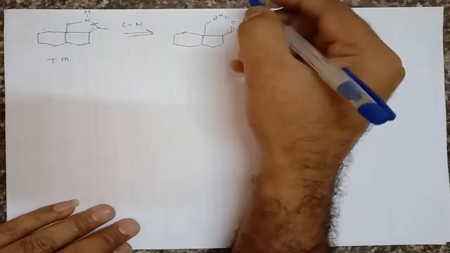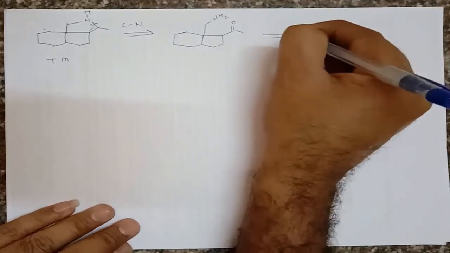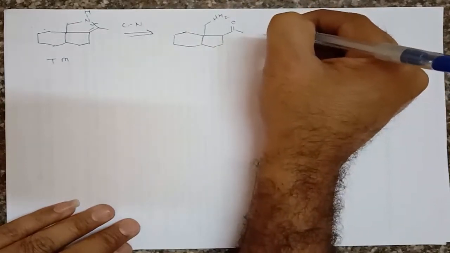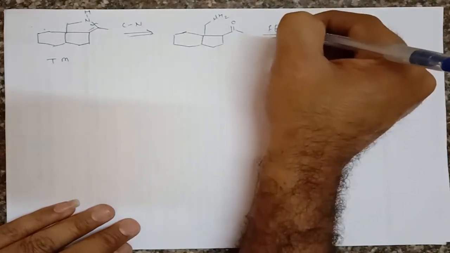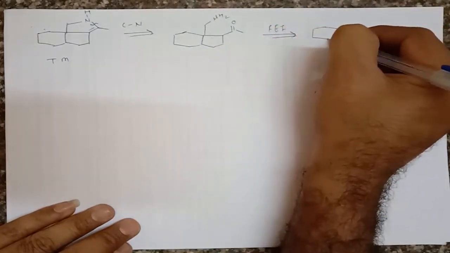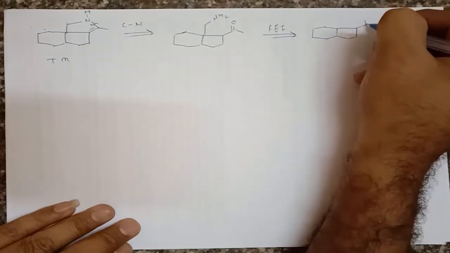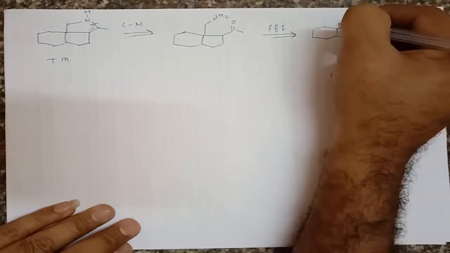You know that if there are such types of amines, we can easily prepare them either by converting into a nitrile or converting into amides. Suppose we convert this amine into an amide, that is by using functional group interconversion.